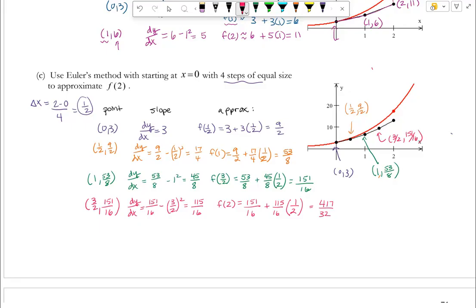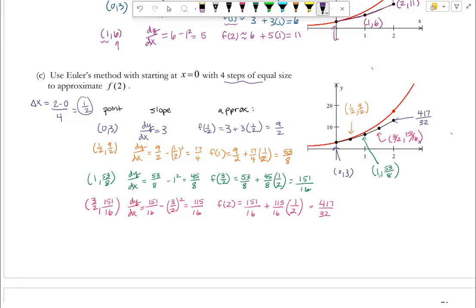And then finally, our final approximation was 417/32. If we actually do that division in the calculator, we'll see that that number is much, much closer to the actual value of f(2), which again, we said it's probably around 17-ish, just based on this graph, which is drawn to scale.